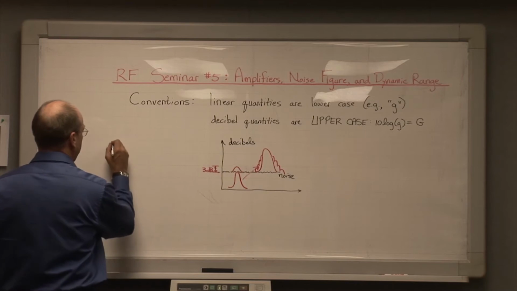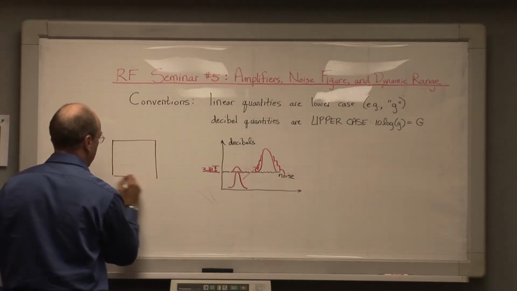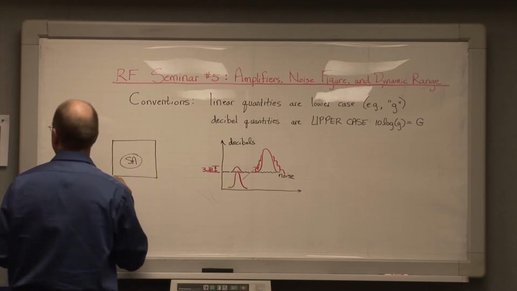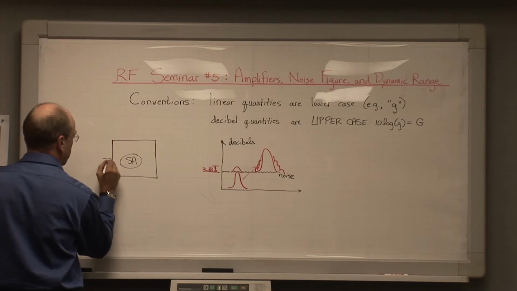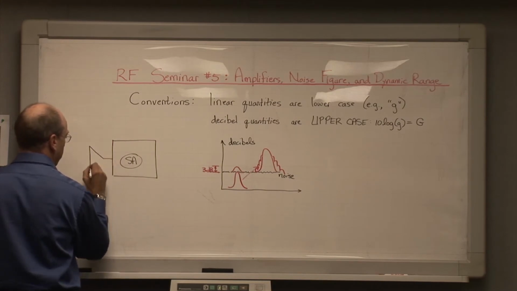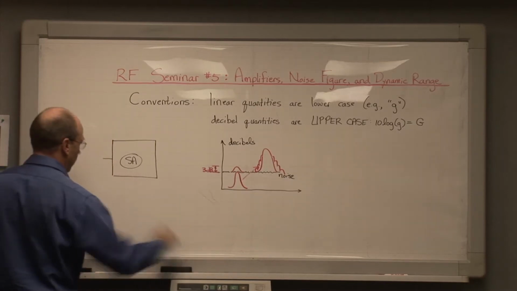What we're going to do is consider a situation in which we have a measurement device, say a spectrum analyzer, and at the input to the spectrum analyzer, we're going to install an amplifier. Actually, I'm going to draw the amplifier slightly bigger.